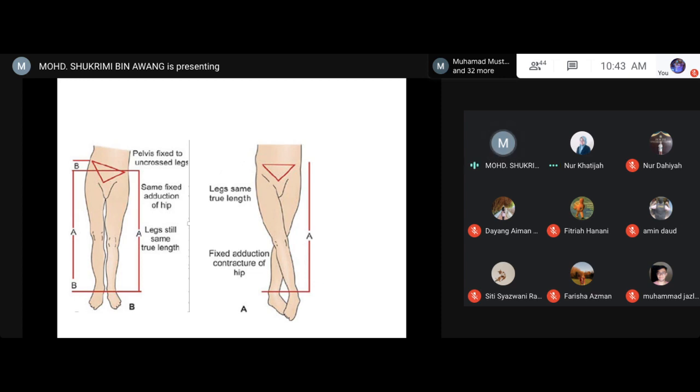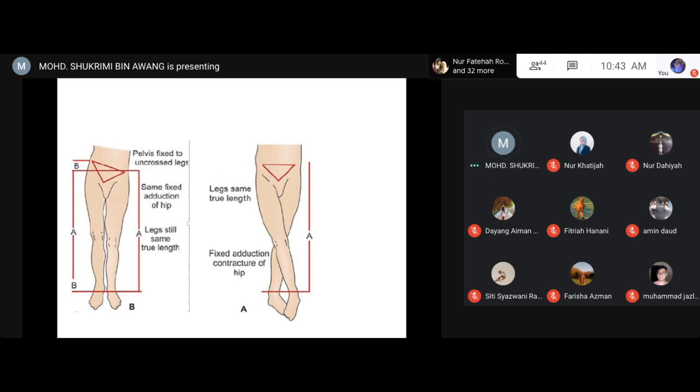By doing that, in case the hip is adducted, with adduction deformity or adduction contracture to start with, the pelvis will be tilted. So you want to square the pelvis, you cross the other leg. When you cross the other leg, the pelvis will become straight, because the movement is now at the pelvis rather than at the hip in case of fixed adduction deformity of the hip.